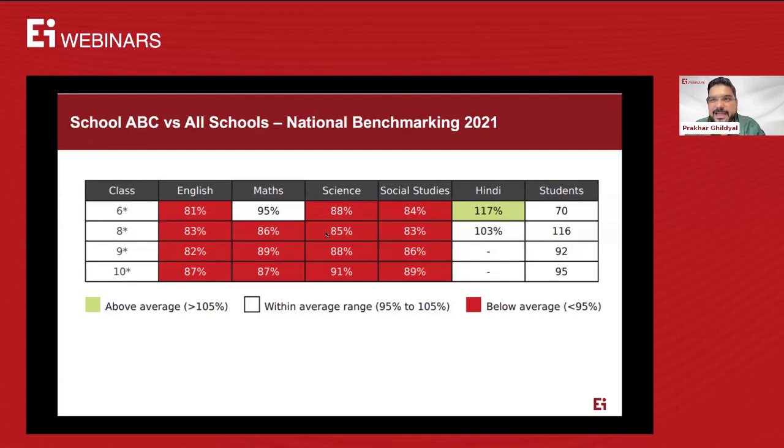ASSET is a test which is taken by almost 4 lakh to 5 lakh students every year. And if you see anything below 95, it means the performance of that class in that subject is below the average of all students in that class. And it's one of the largest sample sizes of benchmarking in the world, definitely the biggest in the country.